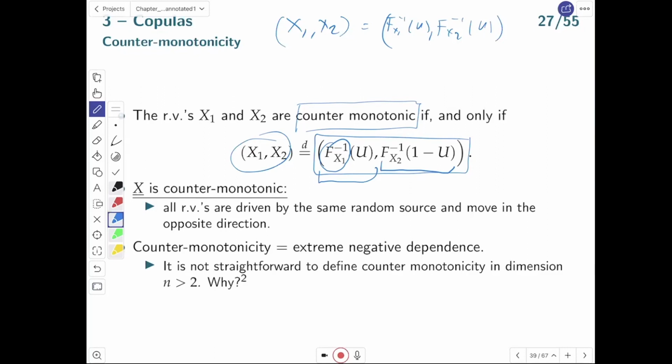Whereas comonotonicity was a situation where you have no diversification, no offsetting effects at all, counter-monotonicity models a situation where you always have diversification effects that move in opposite directions.